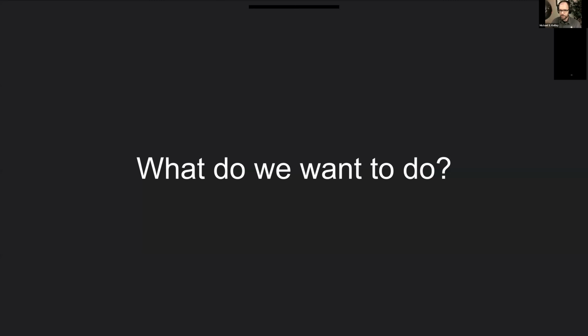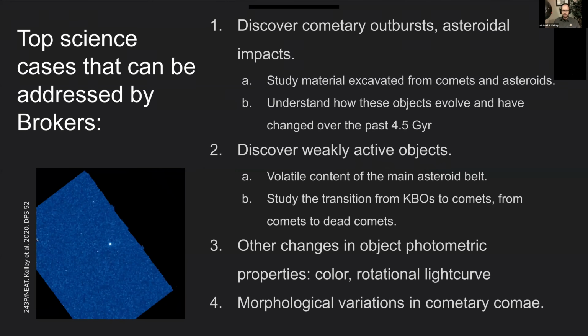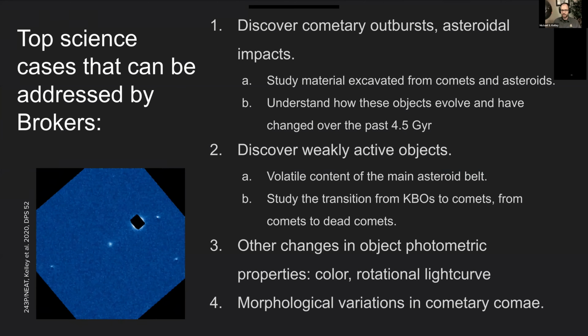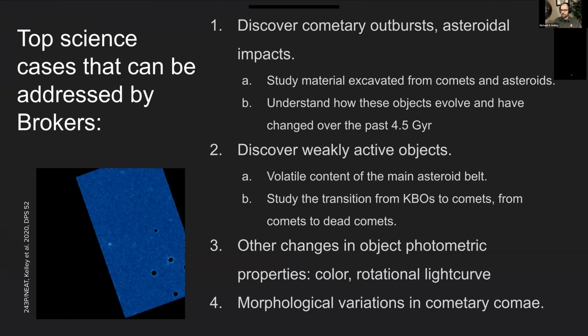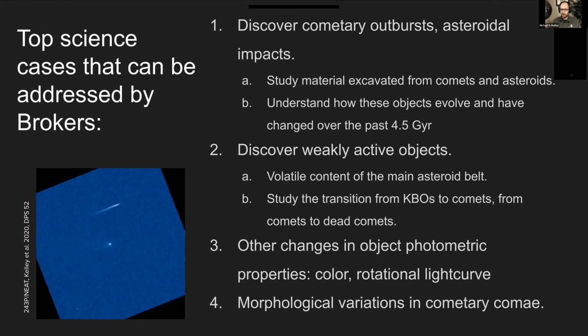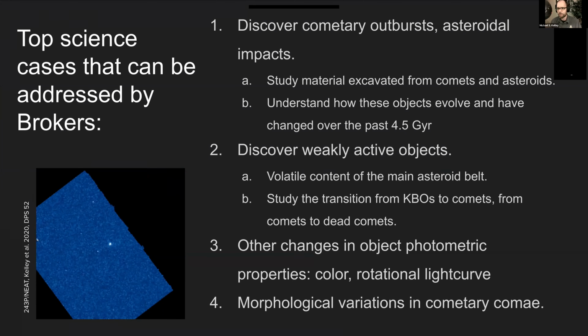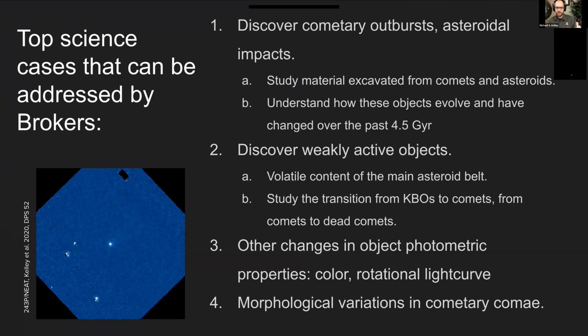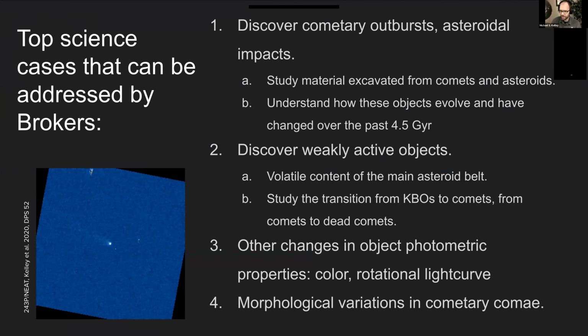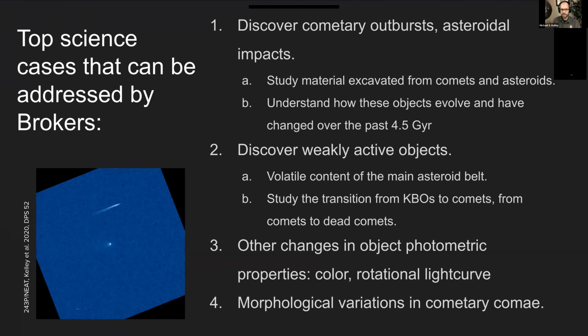So what do we want to do? There are several science cases that we can address with brokers and the alert stream. Primarily, we want to discover cometary outbursts and asteroidal impacts, and I'll go into detail for a few of these on the next slides. We're also interested in finding weakly active objects.